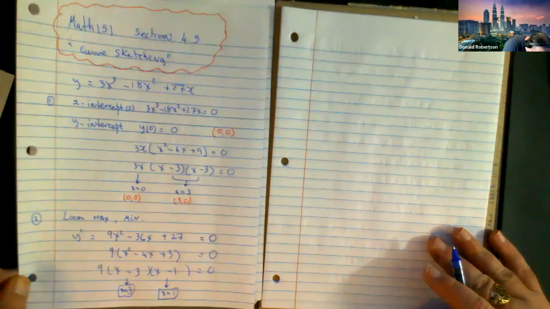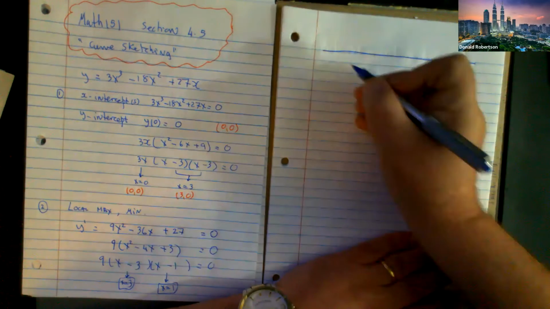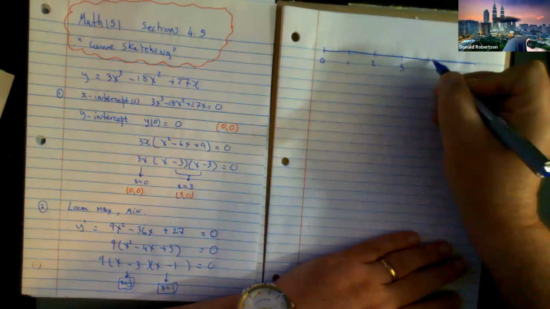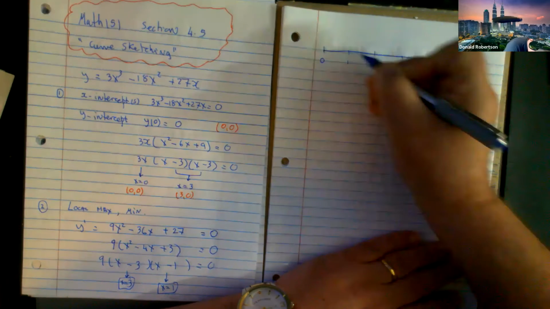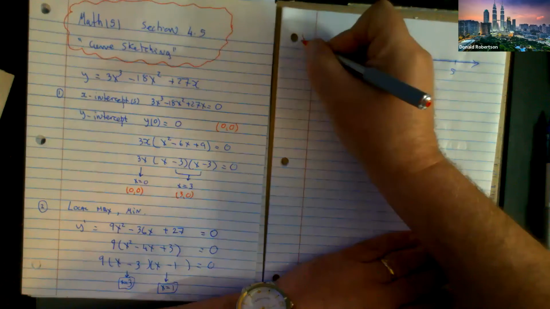So I will do my number line, and I guess I'll put in 0, 1, 2, 3, 4, 5. And I will do what's called a table of signs.